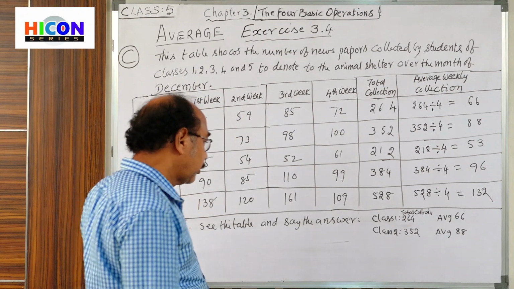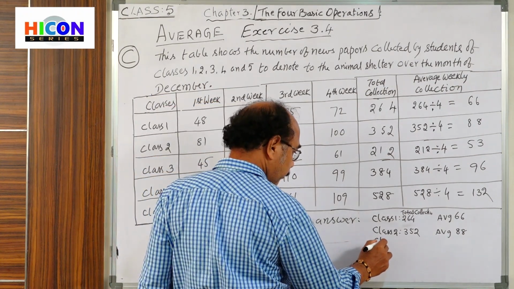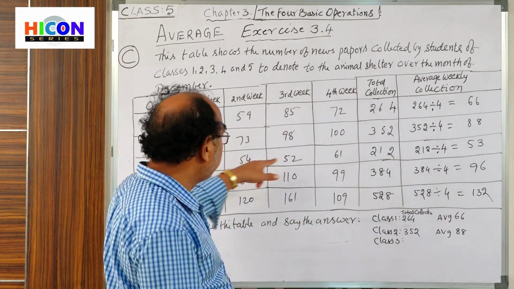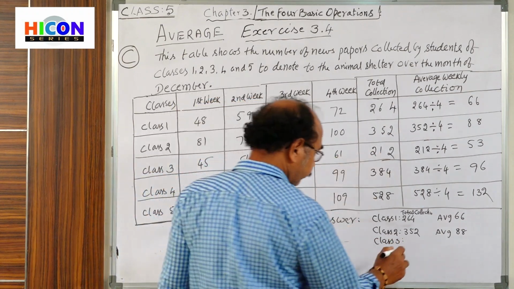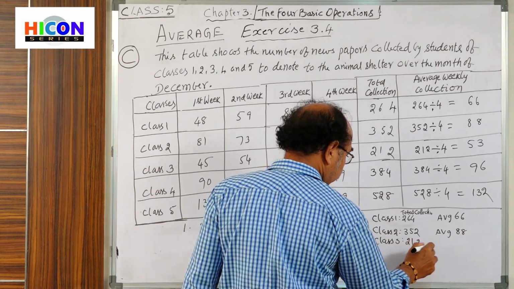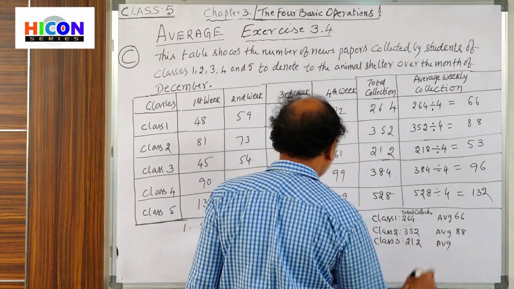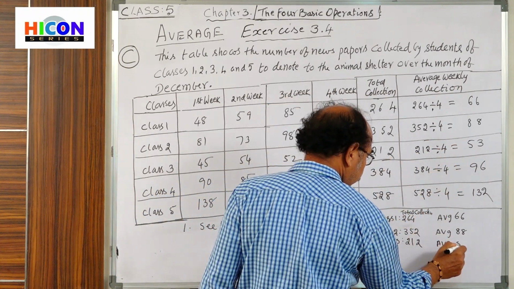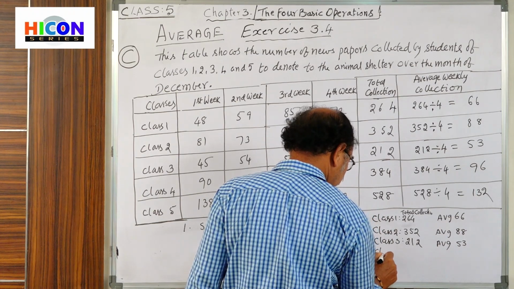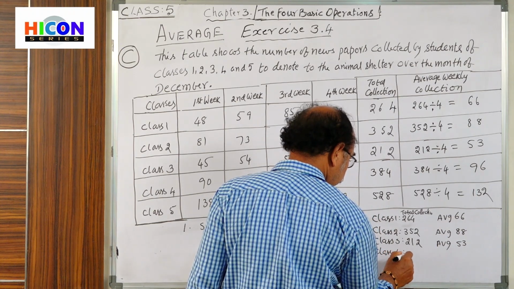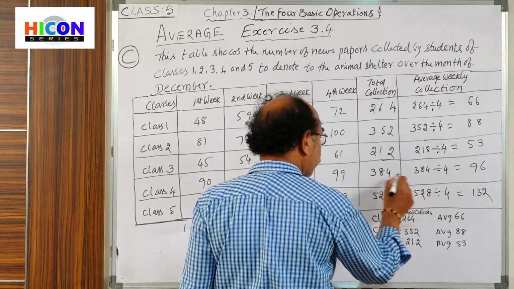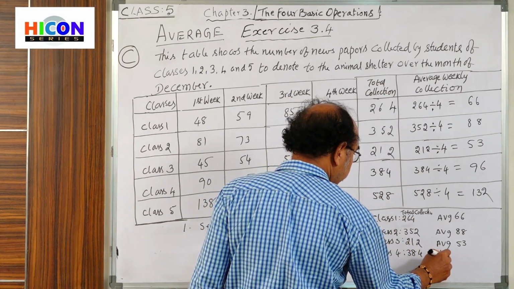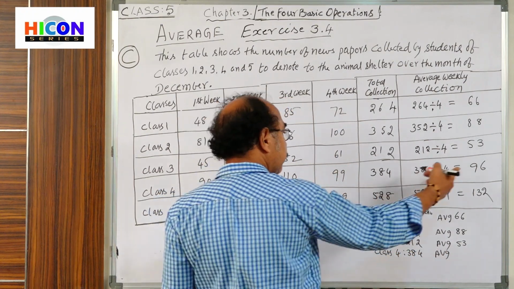Now, class 3, total collection how much? Class 3 total collection is equal to 212. What is the average? Class 3 average here, 53. Next, class 4, total collection 384. What is the average? 96.